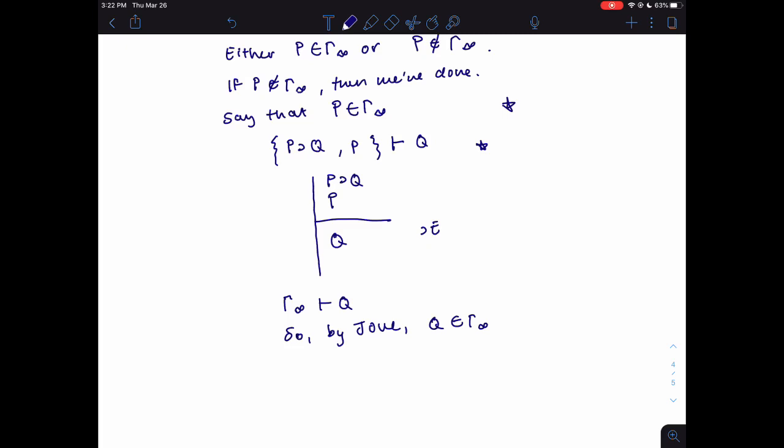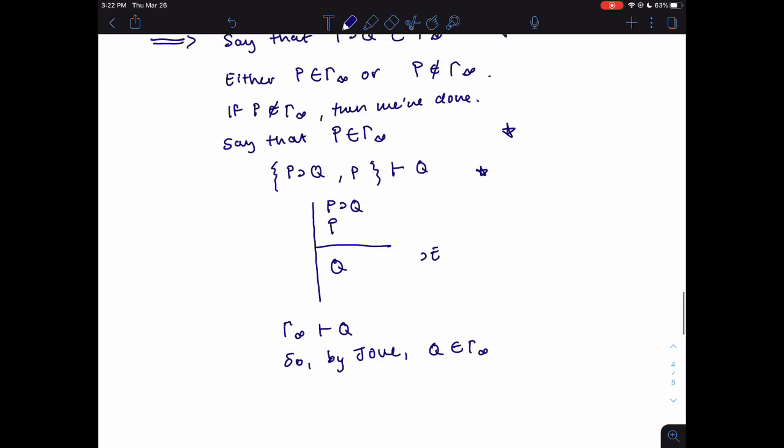And now we've shown that one of the disjuncts has to be true, right? So either P is not a member of gamma infinity, or if P is a member of gamma infinity, then Q is a member of gamma infinity.